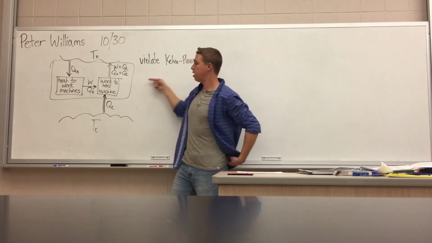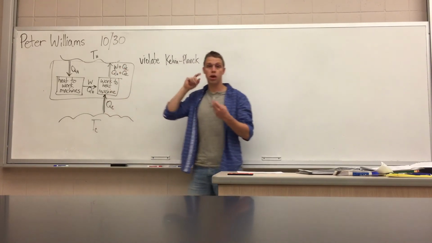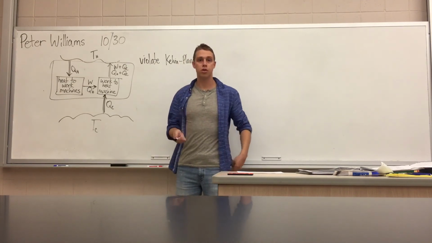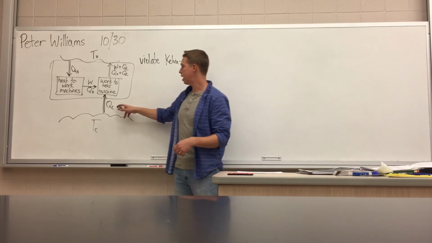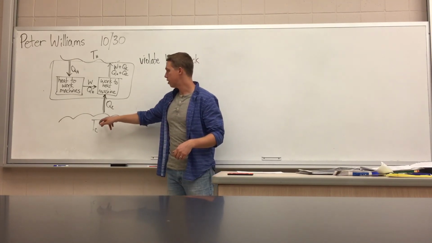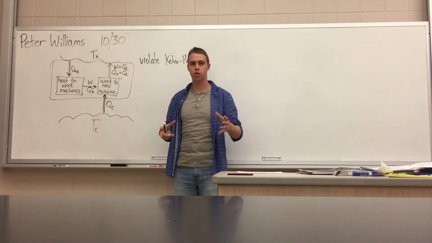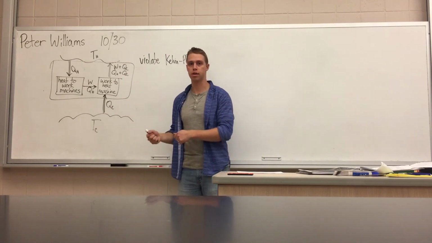But we're not feeding in work. So what we've just made is what Sean Noling here calls a magic refrigerator. Notice this is what a refrigerator does, right? It takes heat out of a cold place and pumps it into a hot place. The inside of the refrigerator is the cold place, and we're pumping heat out. That's what the refrigerator does.